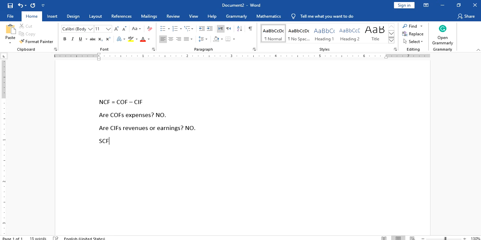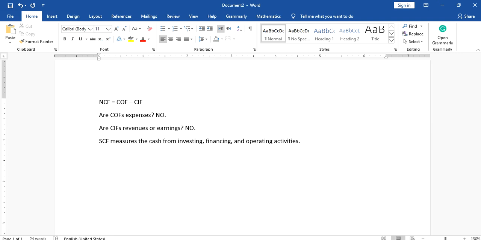The statement of cash flows measures the cash from investing, financing, and operating activities.